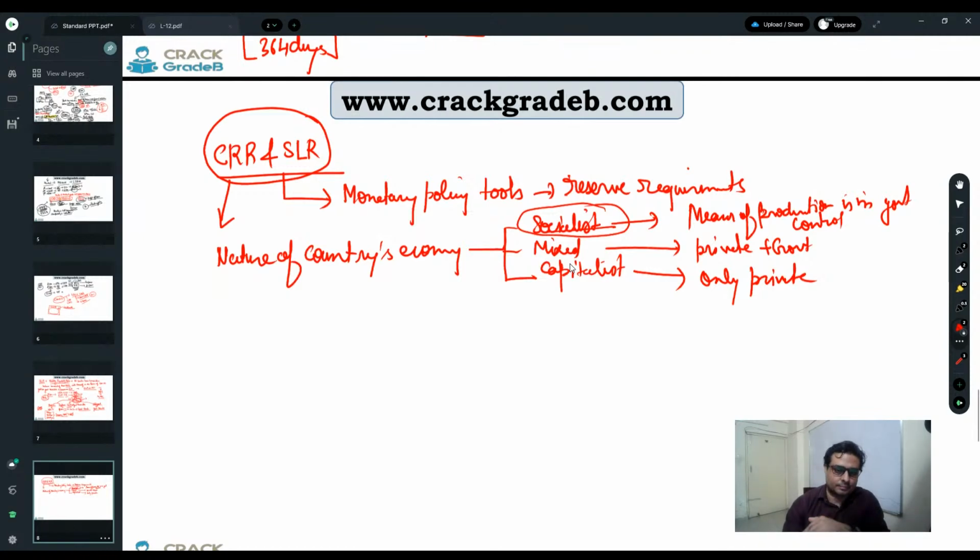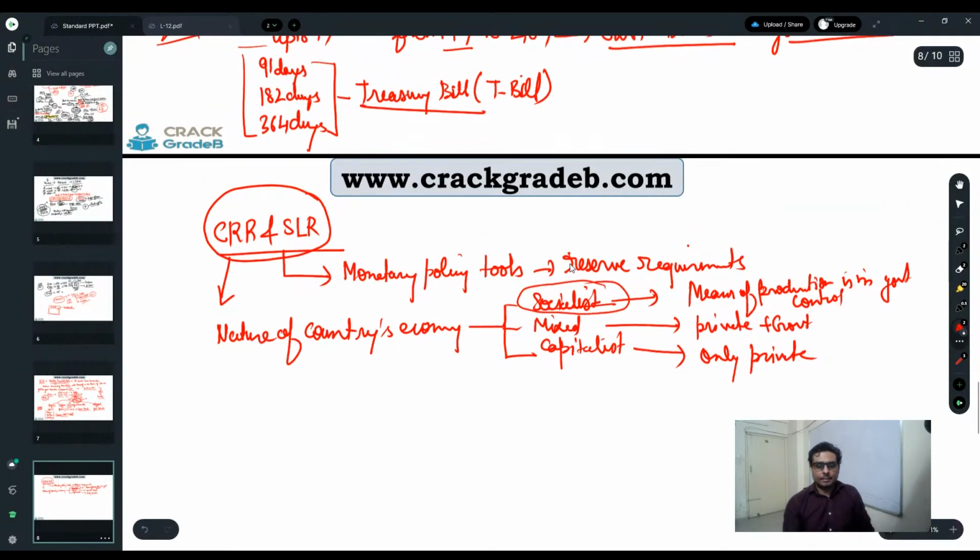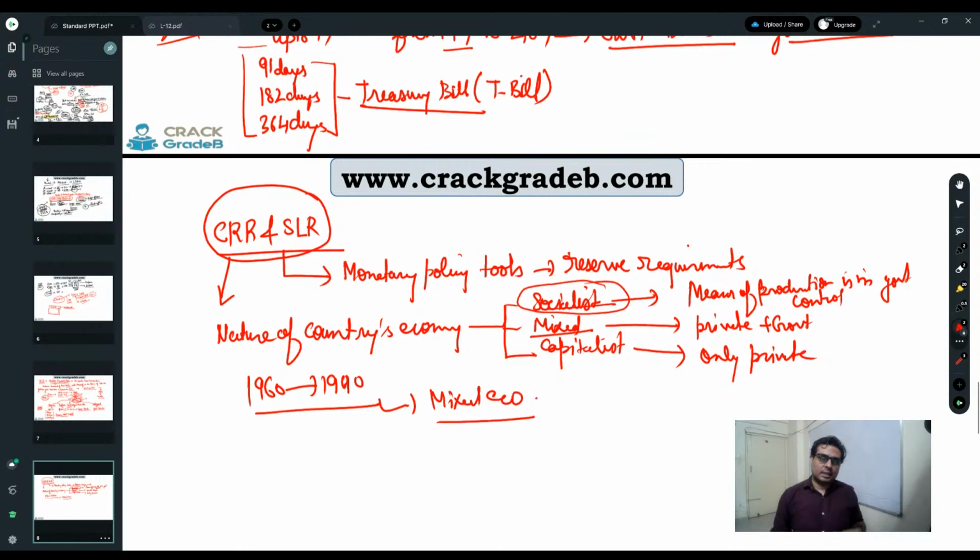The classic example is India. India claimed itself as a mixed economy where private participation is allowed. But from the 1960s to the 1990s, in this phase, we claimed that we are a mixed economy, but doing private business in India was so difficult.